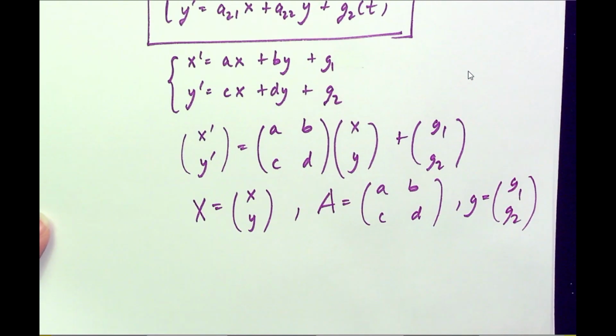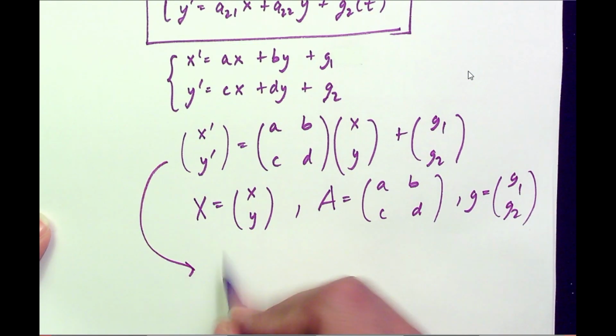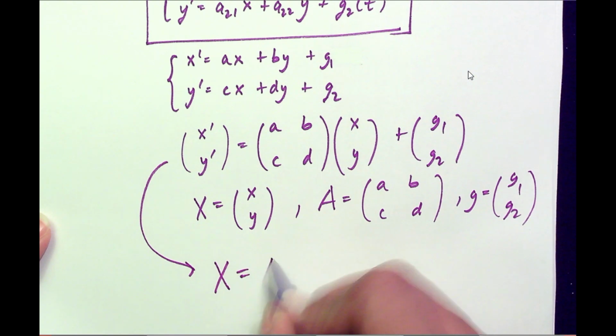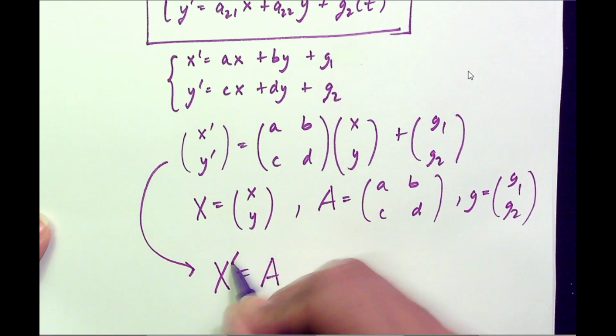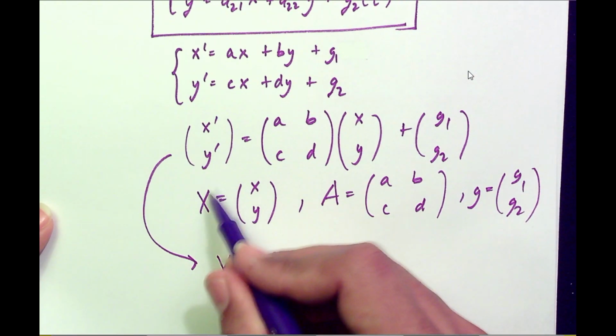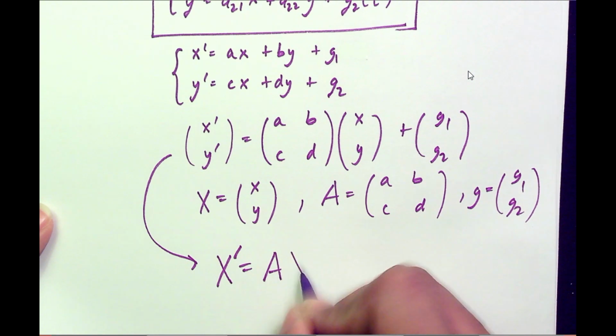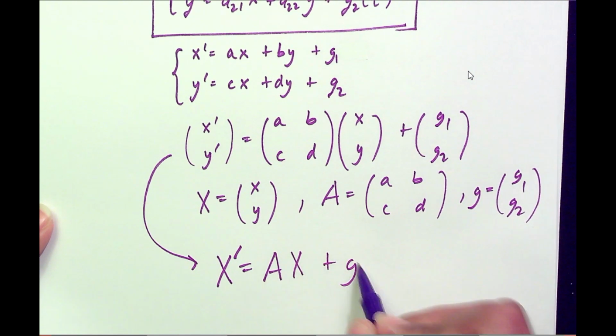Then using these letters now, this system is going to look like this. The left-hand side is X prime. If you take the derivative of X, big capital X, X prime will be x prime, y prime. So X prime equals AX plus G.